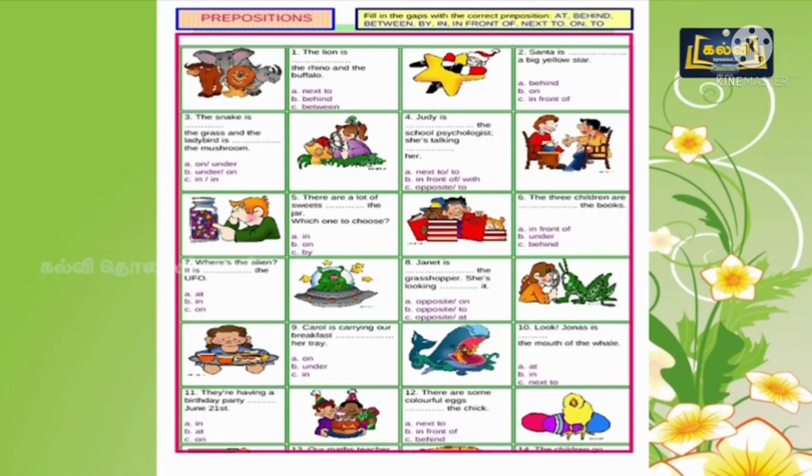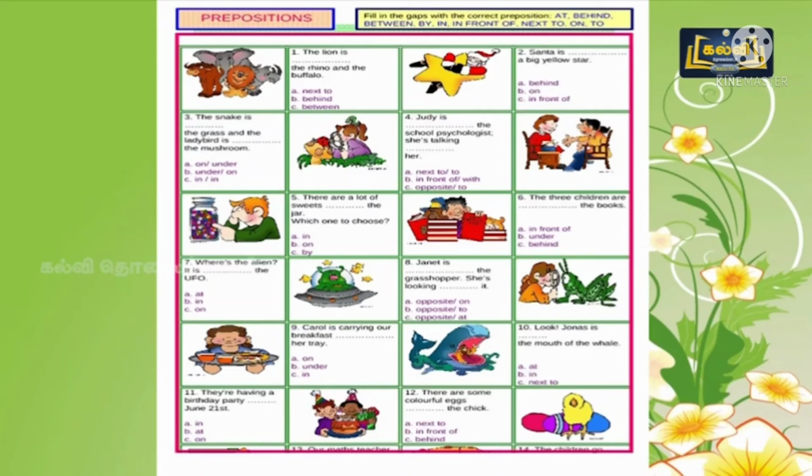The snake is dash the grass and the lady bird is dash the mushroom. Options are on and under. Second one, under and on. And the third one, in and in.